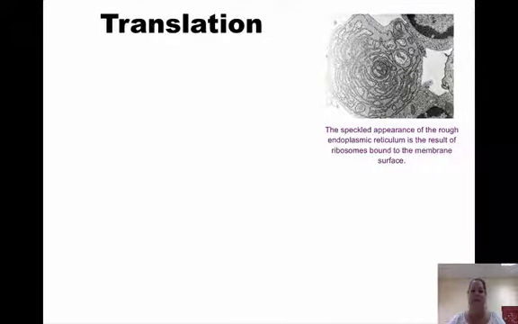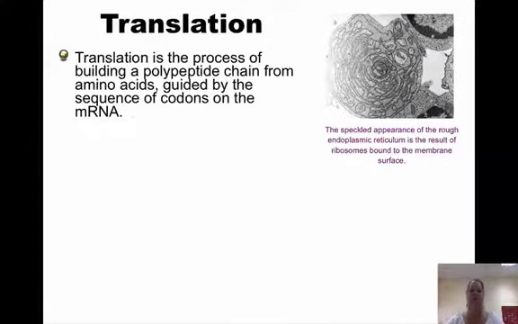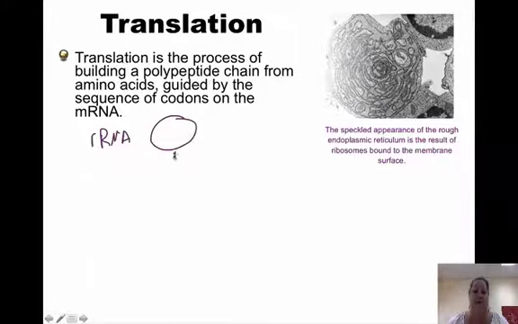All right. So translation, remember, takes place with the rRNA, the ribosomal RNA. You have the big subunit and the small subunit. And since it's ribosomes, we're seeing a lot of this on the rough ER.